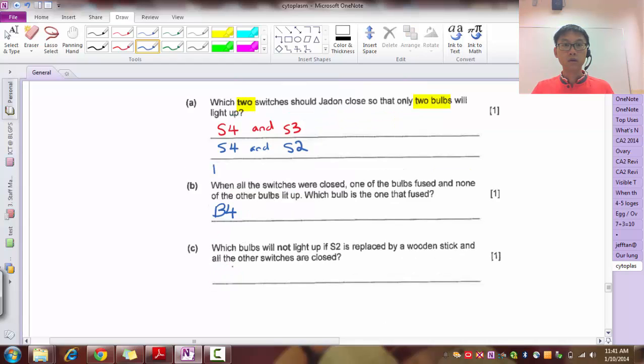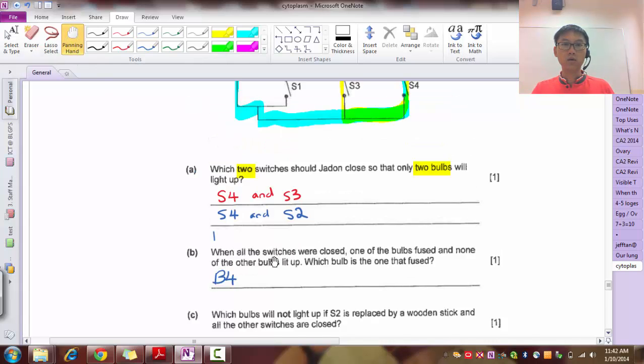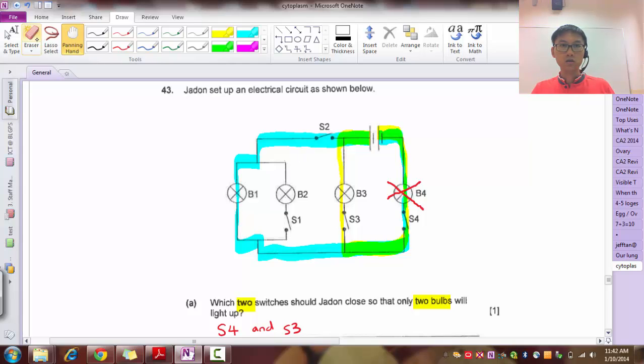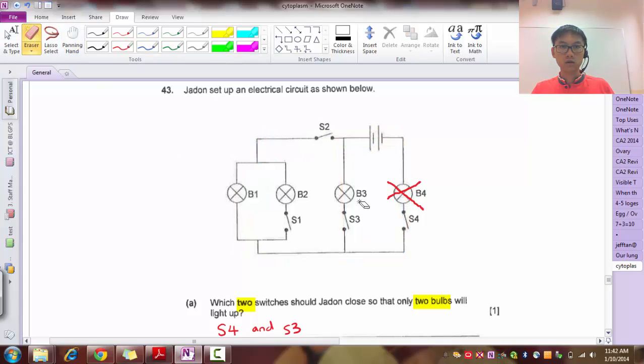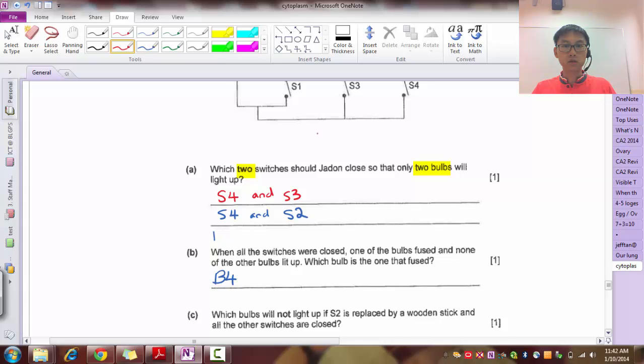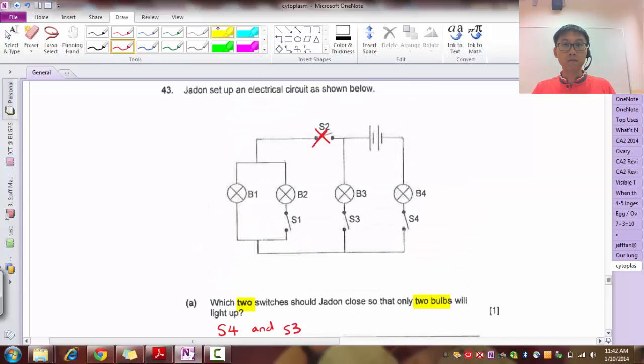Okay. Now which bulb would not light up if S2 was replaced by a wooden stick and all other switches were closed? So let me erase all this. If S2 was replaced by a wooden stick. Now wooden stick means it's an electrical insulator, so that means there's an open circuit here. So question is, which bulbs would not light up?